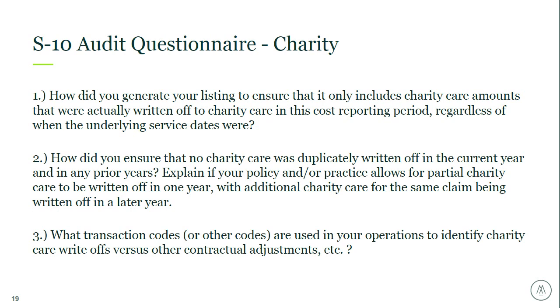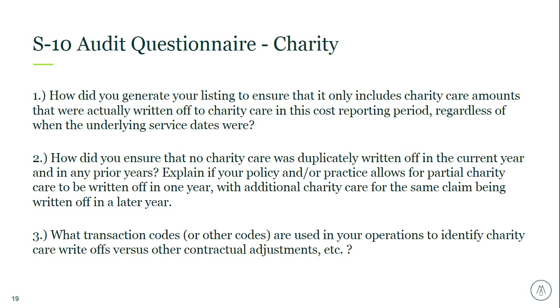While I think most hospitals know this, as S-10 instructions were updated back in 2017, we've seen more examples of hospitals claiming charity by write-off date, but also setting a criteria to include only service dates that are within the hospital's fiscal year. Obviously doing this severely reduces your claimed amounts, which is not in accordance with S-10 instructions.